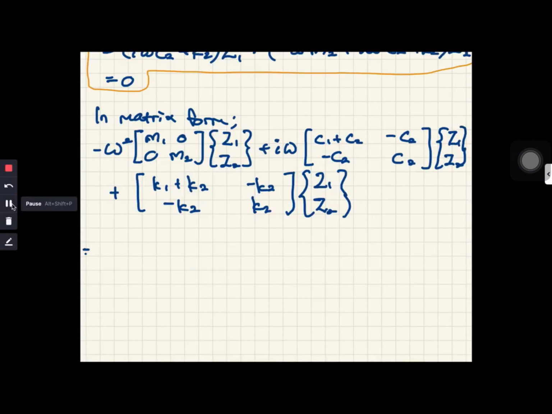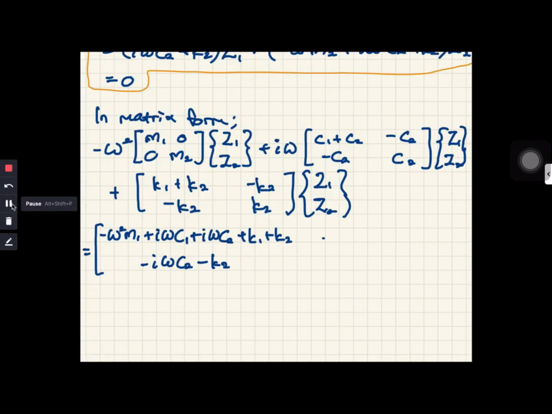Okay, so again, negative omega squared m1 plus i omega c1 plus i omega c2 plus k1 plus k2. Down here we have negative i omega c2 minus k2.